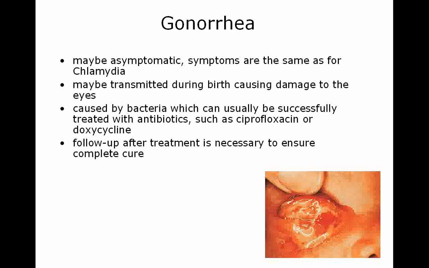Once a person does have symptoms, when they go to the physician and describe this, cultures can be taken to identify exactly what bacteria is causing this. If a person is not treated for gonorrhea or even chlamydia, the person can end up having female pelvic inflammatory disease, which can lead to sterility, and may have septic arthritis, septicemia. The organisms may actually enter the bloodstream and cause a systemic, even life-threatening infection.